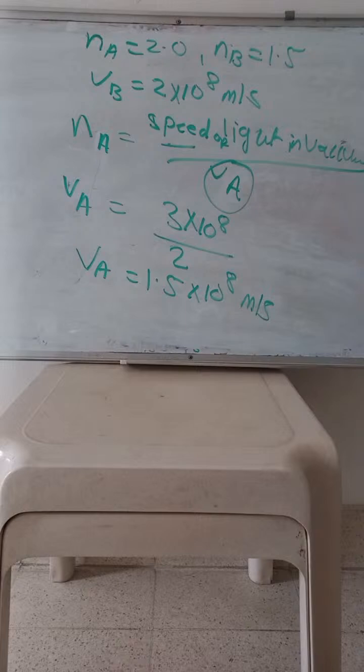Okay, I'll repeat this question. If the refractive index of the glass for a light going from air to glass is 3 by 2, find the refractive index of air for light going from glass to air.